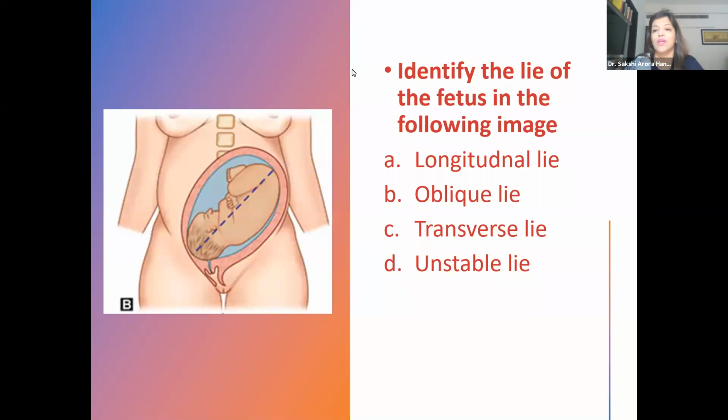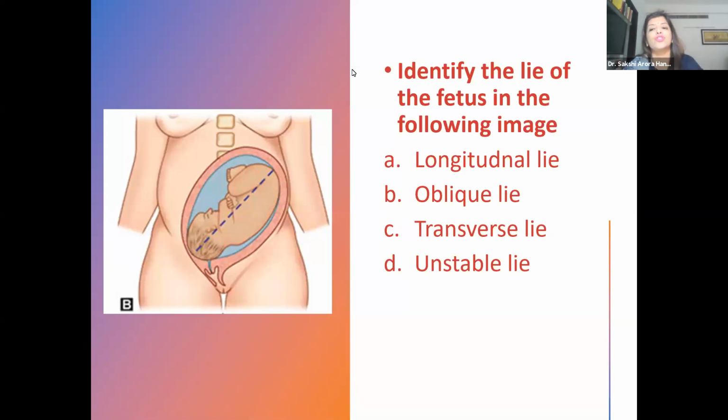Whenever you get a question on lie of the fetus, the first thing you have to do is see whether the uterus is centralized or not. Because if you say that this is a case of oblique lie, that will be a big problem, because here the uterus is not centralized.